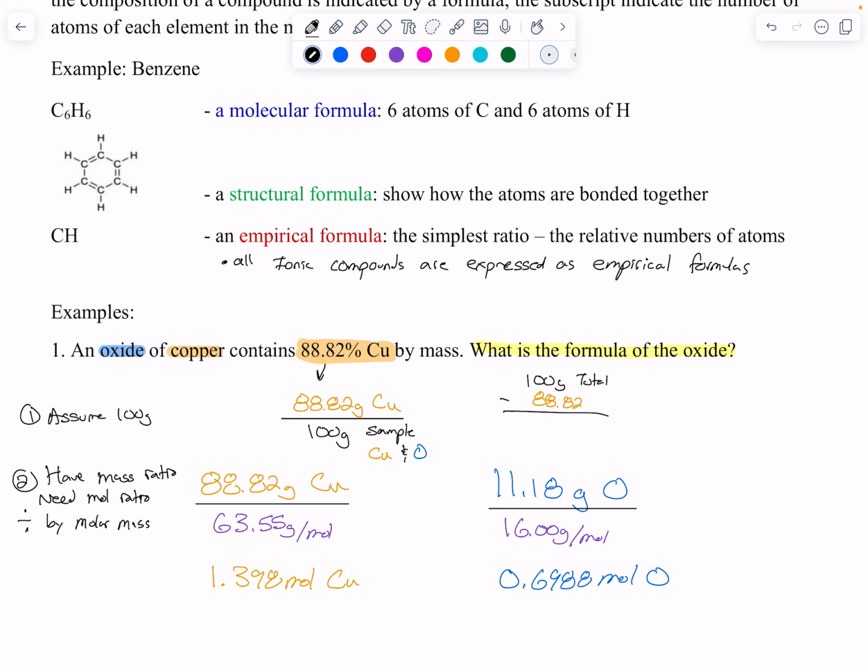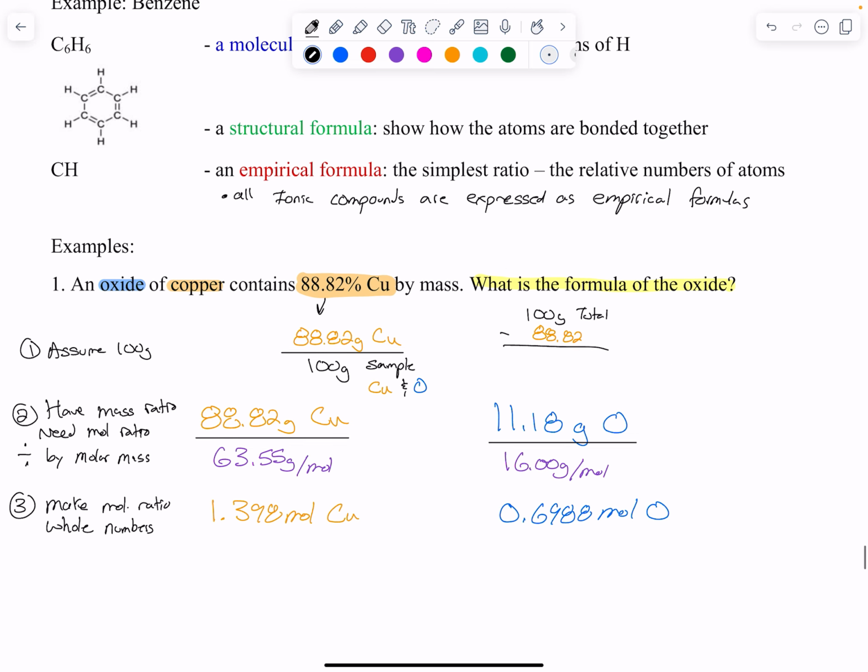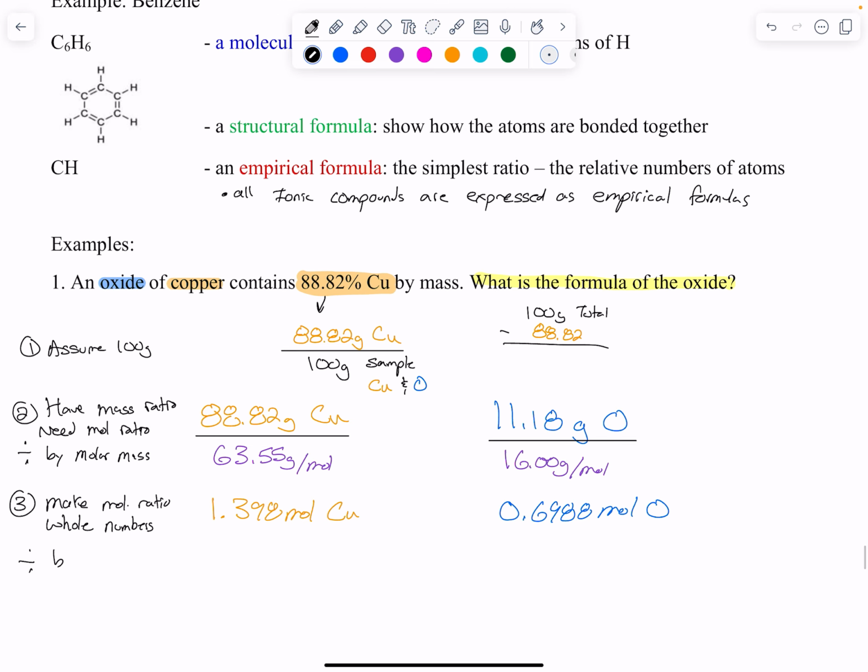So step 3, I need to make the mole ratio whole numbers. You divide by the smallest to get the whole number ratio. The smallest here is 0.6988.